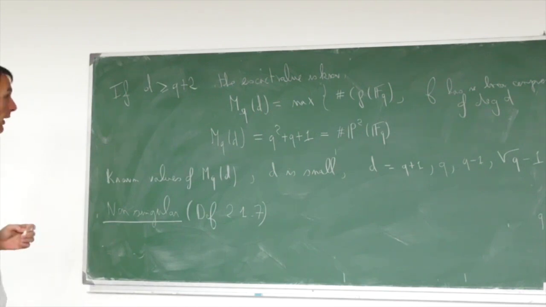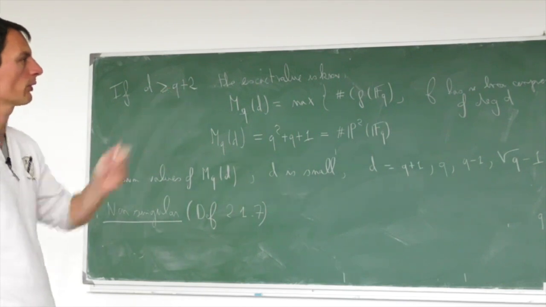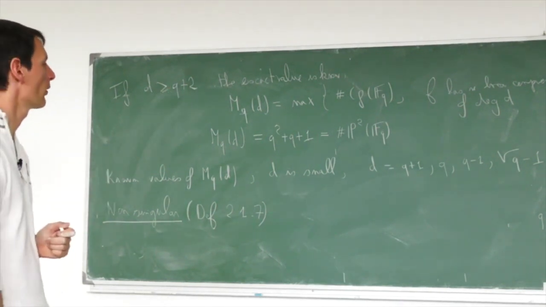And can I always impose non-singularity in this work on plane curves and reach the upper bounds?